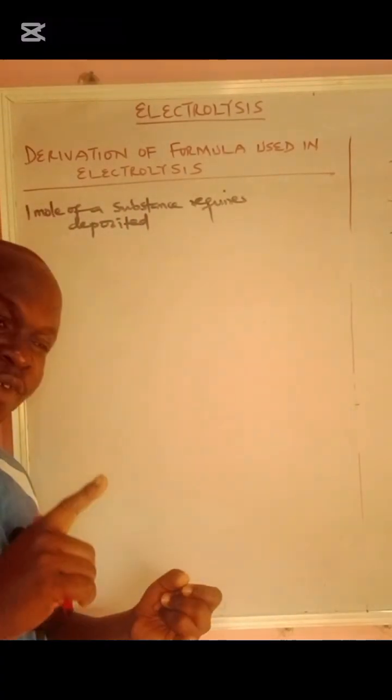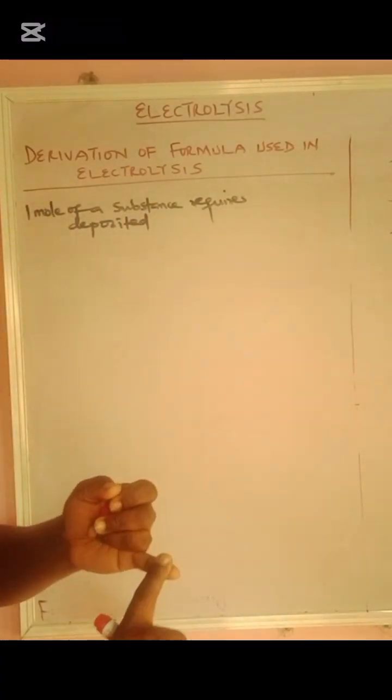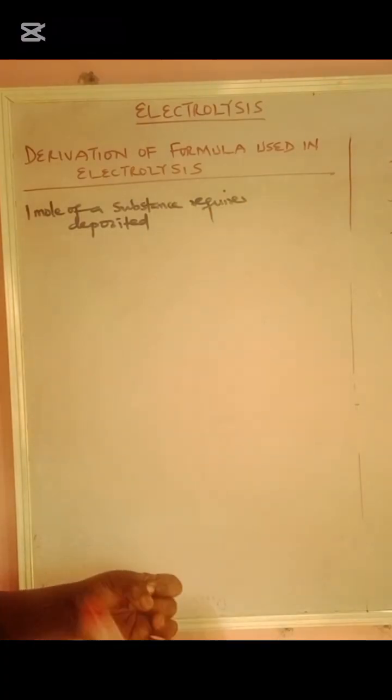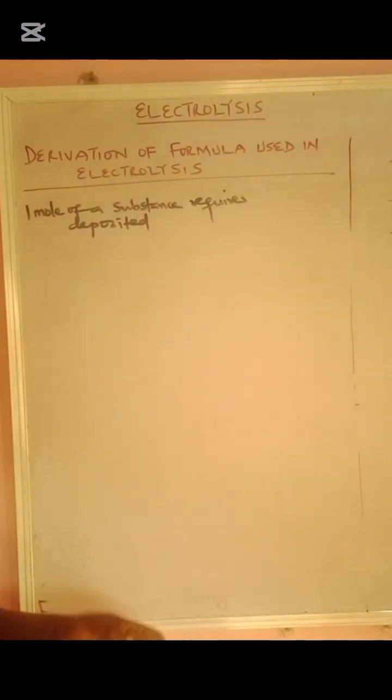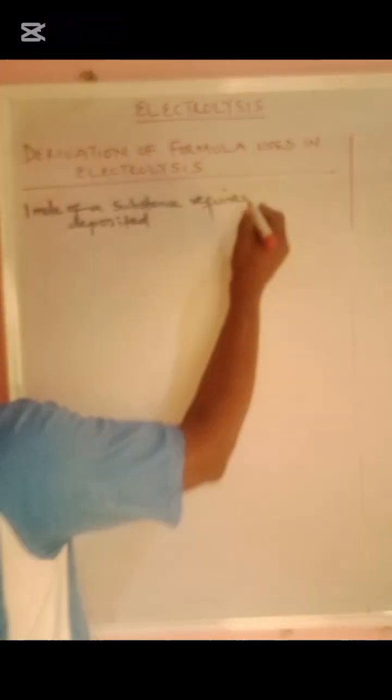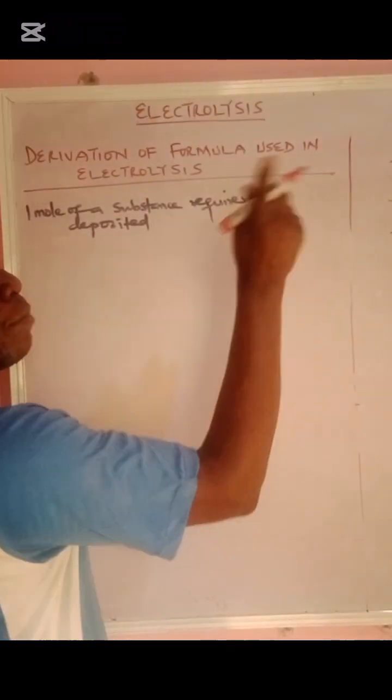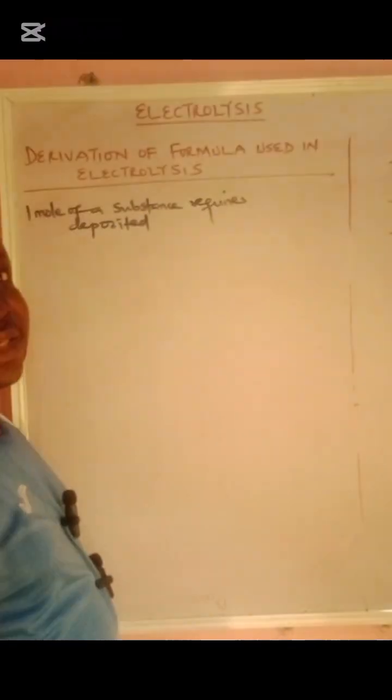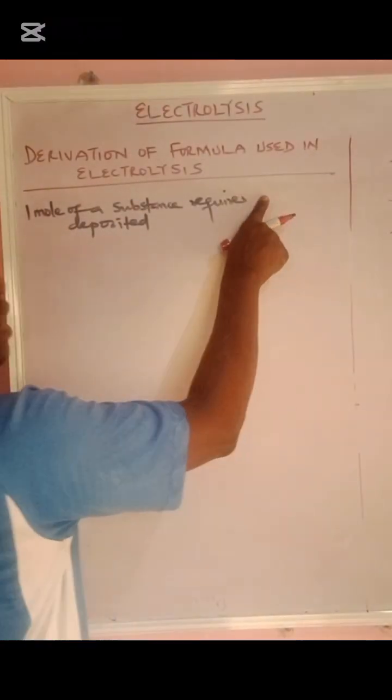If it is a monovalent element, you say 1 Faraday. If it is divalent, we have done it, you say 2 Faraday. If it is trivalent, you say 3 Faraday. If it is like aluminium now, it will be 3 Faraday. Like magnesium, it will be 2 Faraday. Like silver plus 1, sodium, it will be 1 Faraday.